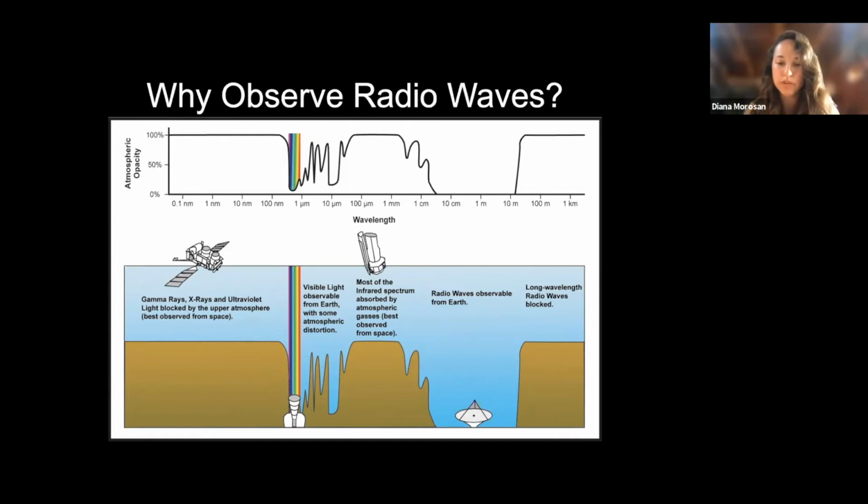Now, I know LOFAR, the International LOFAR Telescope, is not very cheap, but compared to a space mission, it is quite a lot cheaper. So it is very important to make use of this radio window that we can observe from the ground. Now, unfortunately, not all the radio waves arrive. A lot of them get stopped by the ionosphere around 10 megahertz. So anything below 10 megahertz also has to be observed from space.